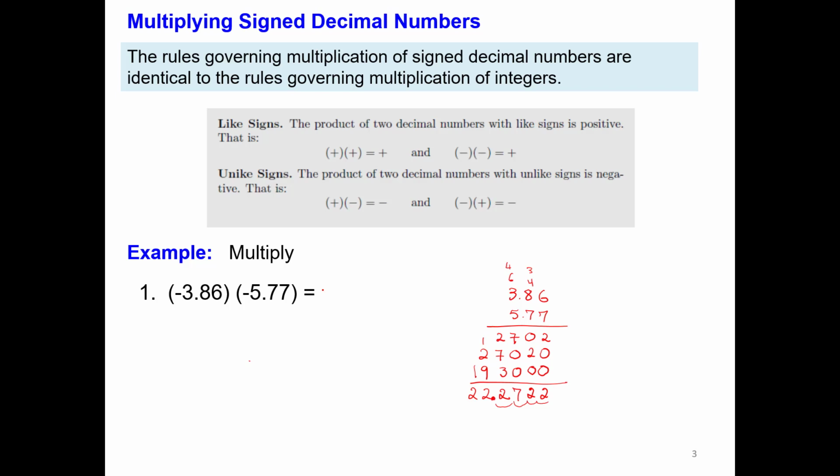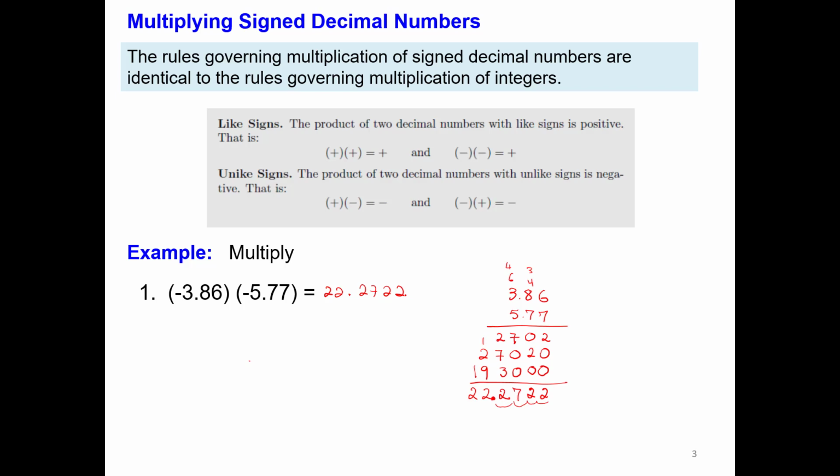And let's write here the answer is 22.2722. Let me write better this. And this is the answer.